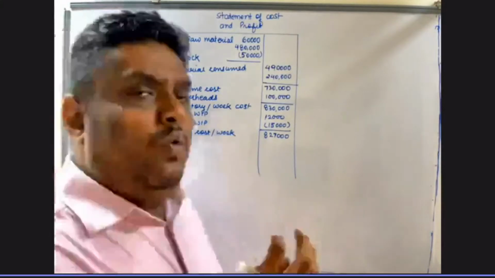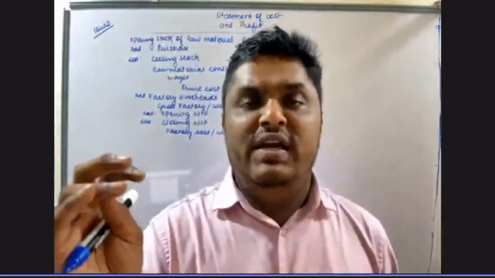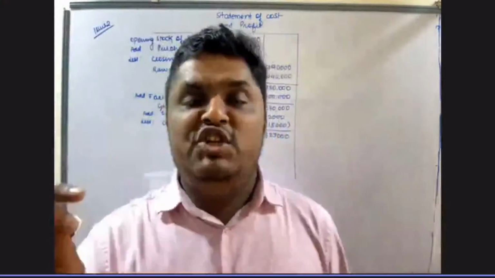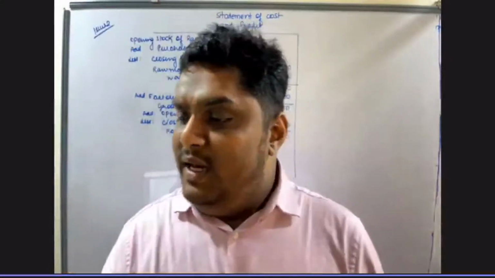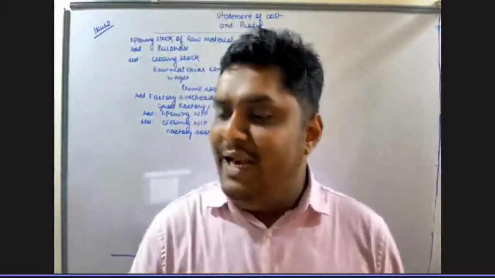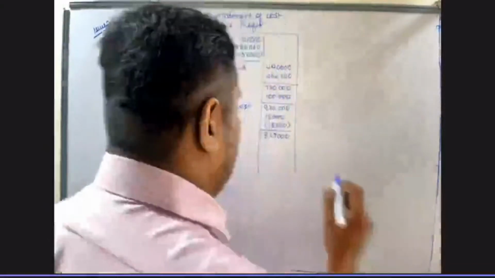In this, quality control costs, research and development cost, administration overhead related to production and primary packing cost is to be added. But herein the information is given only regarding the administration overhead related to production.